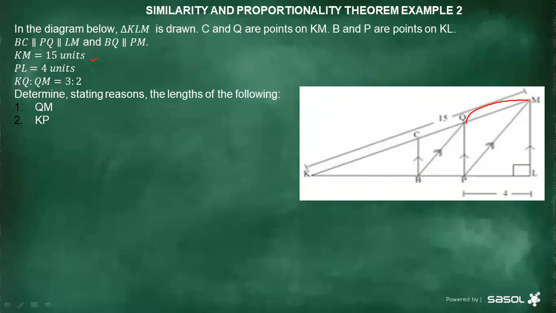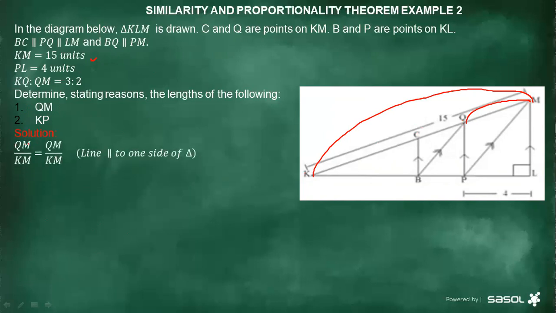You can see the actual distance is 15 units, from K to M. So QM divided by KM. Then we move the same way to the other side, and that other side must have two lines which are parallel to each other.